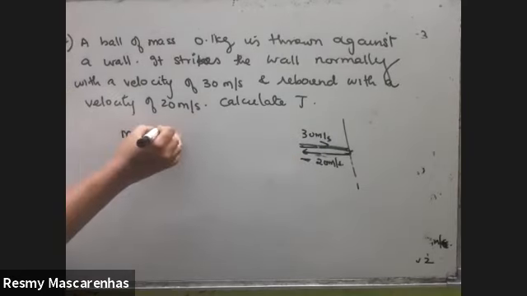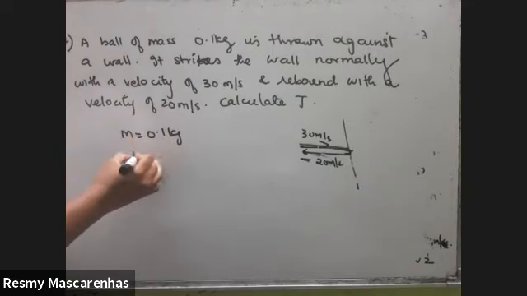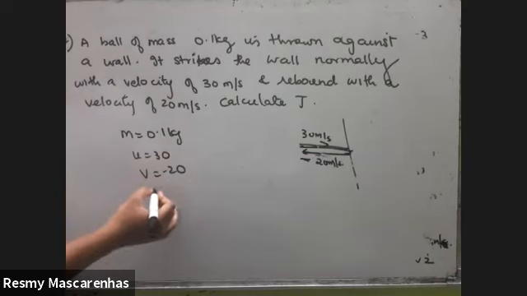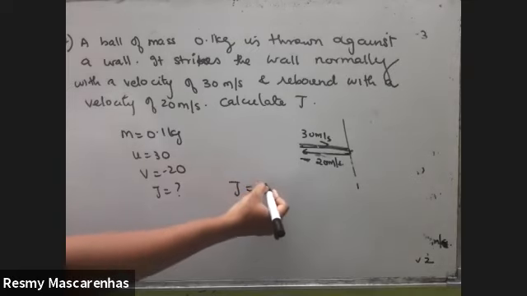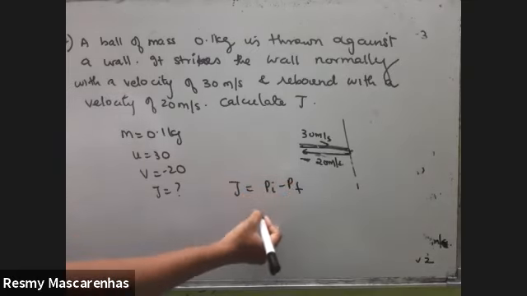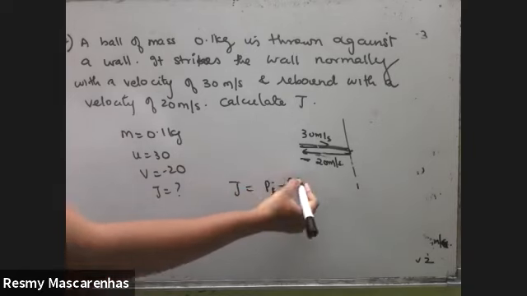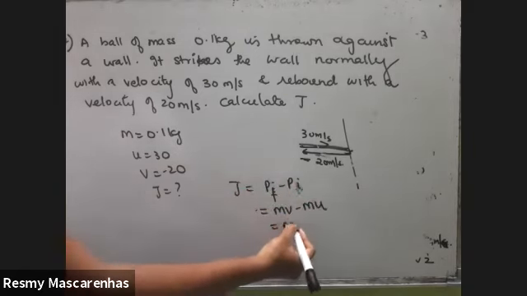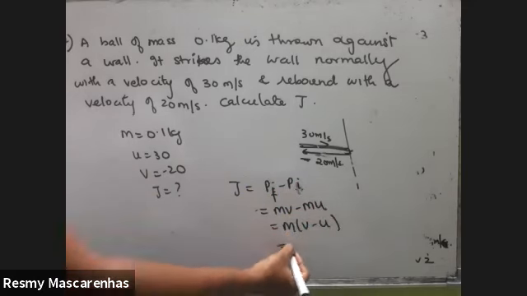M is 0.1, U is 30, V is minus 20. So J is nothing but Pf minus Pi, that is Mv minus Mu. M is common always, and then calculate.